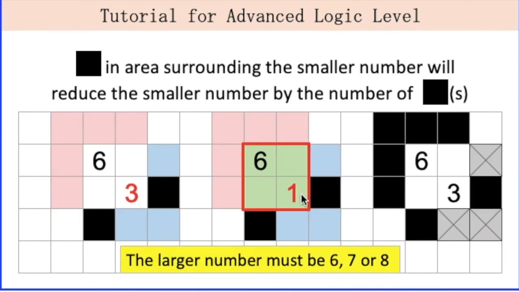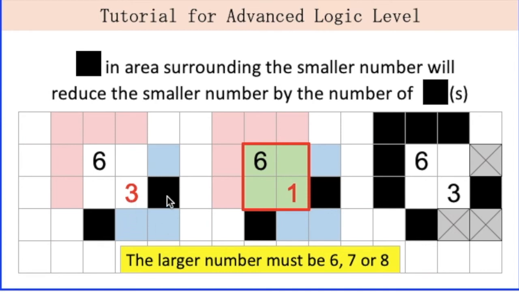That means the black spaces in the area surrounding the smaller number, which is 3, will reduce the smaller number by the number of black spaces. Okay, that sounds pretty confusing. That simply means whatever the number of black spaces there are in the area surrounding the smaller number, you will subtract that number from the smaller number.